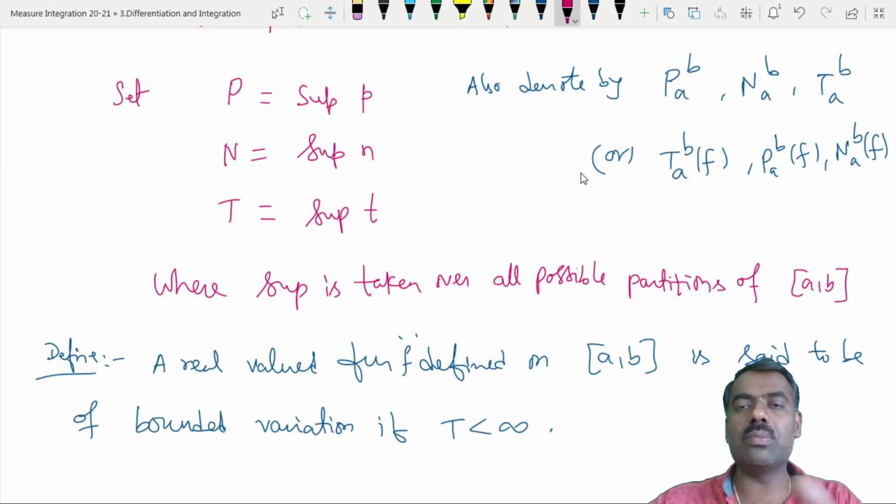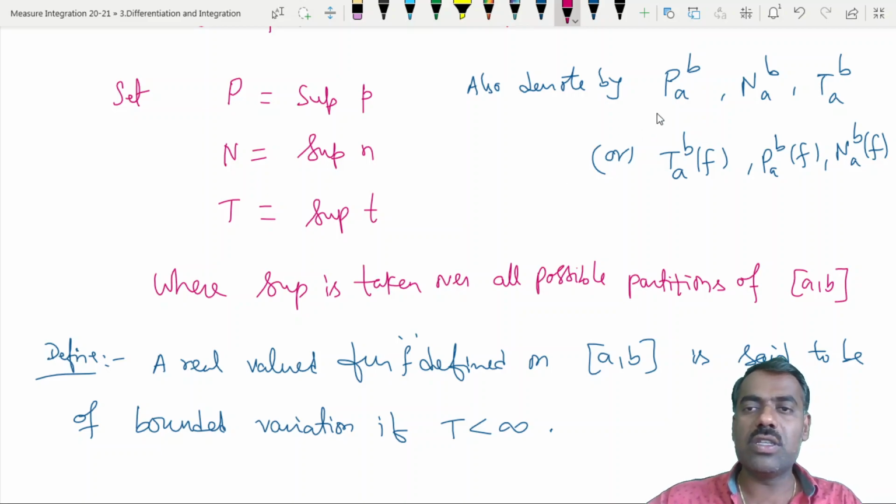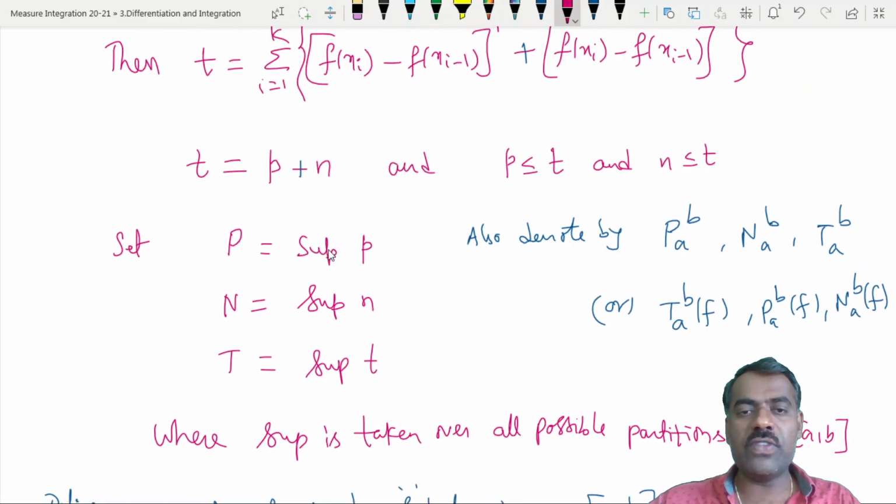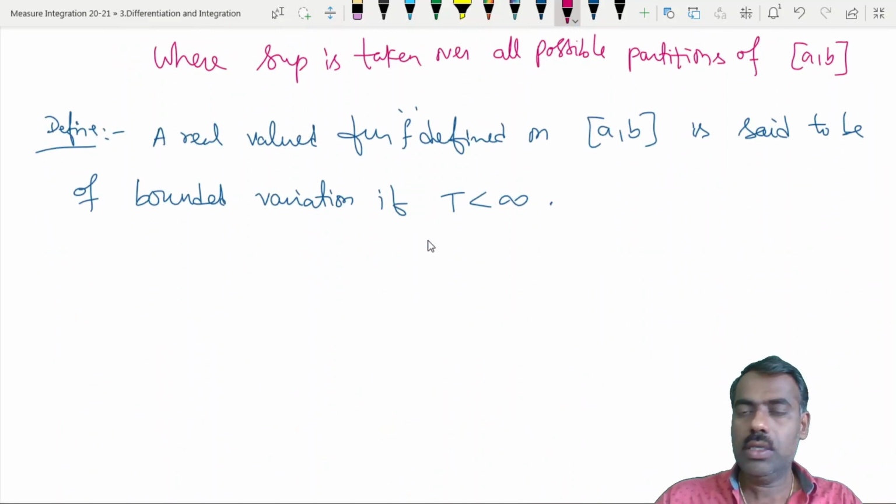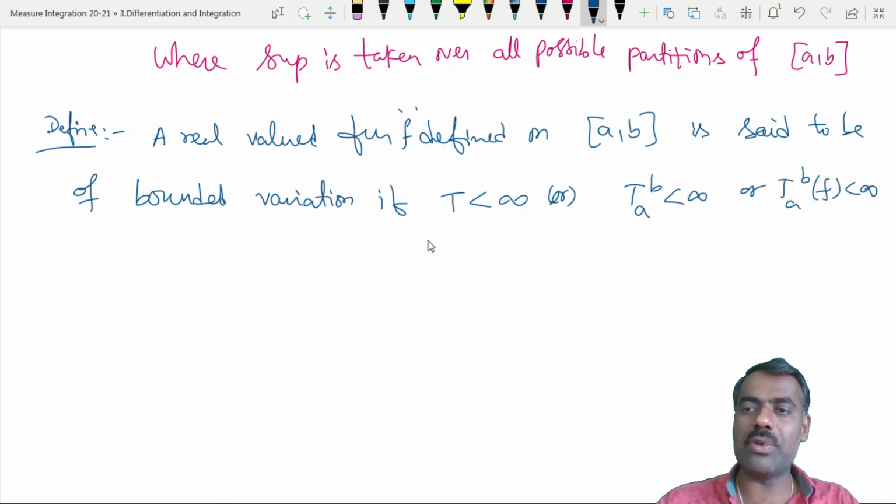Whenever you have two different intervals, when you talk about P you denote it by PAB. So what does this PAB denote? This is the supremum of these values over partitions: you take different partitions of A comma B and find the supremum, right? Or that is the same as TAB is finite, or TABF, all are the same notations.